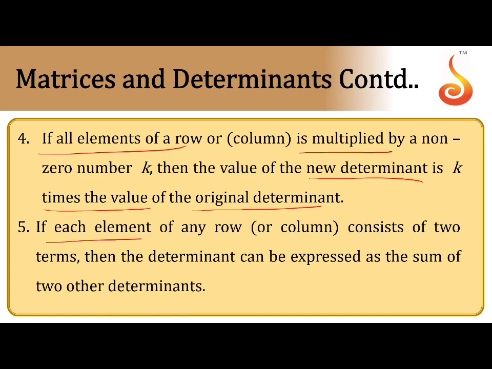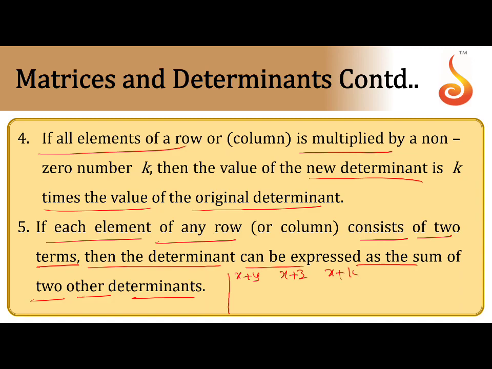Next, if each element of a row or column consists of two terms, then the determinant can be expressed as the sum of two other determinants. For example, I will take x plus y, x plus z, x plus k as the first row. Next 1, 2, 3, and 5, 6, 7. This you can write as the sum of two determinants.